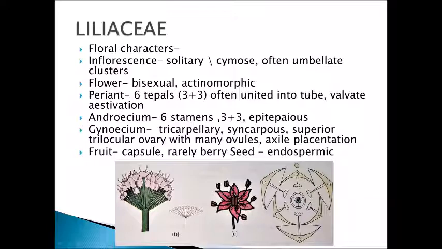This is the rachis and at the tip of the rachis, many such spoke-like structures. Like in a bicycle wheel you have seen, many spoke-like structures are produced and the flowers develop on that. So this looks like an umbrella-like structure, so it is called umbellate clusters.